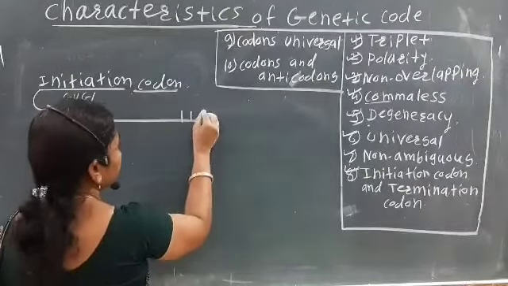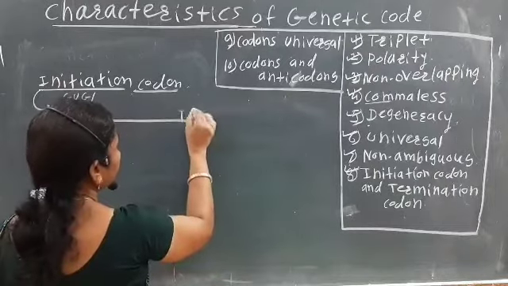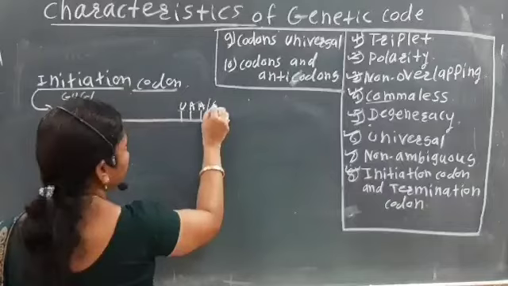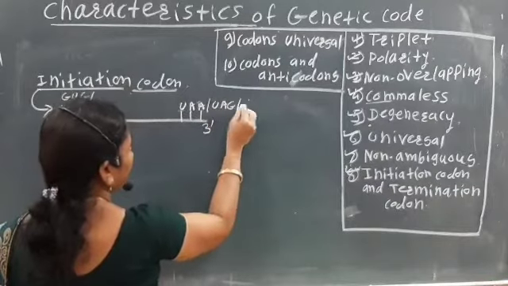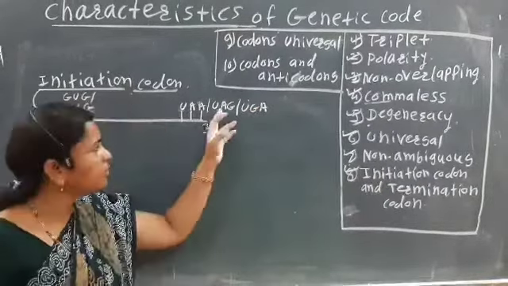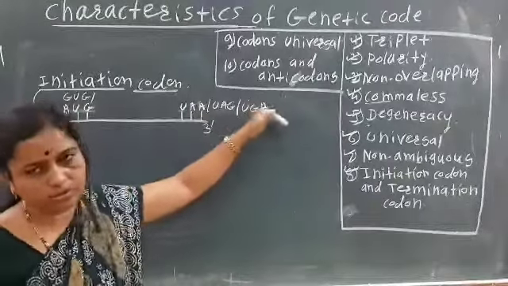Or these are also known as the nonsense codons. So these are the termination codons, that is UAA or UAG or UGA. These are the three codons.